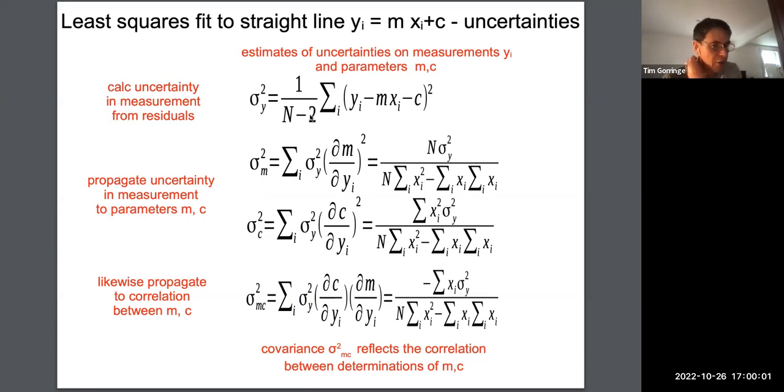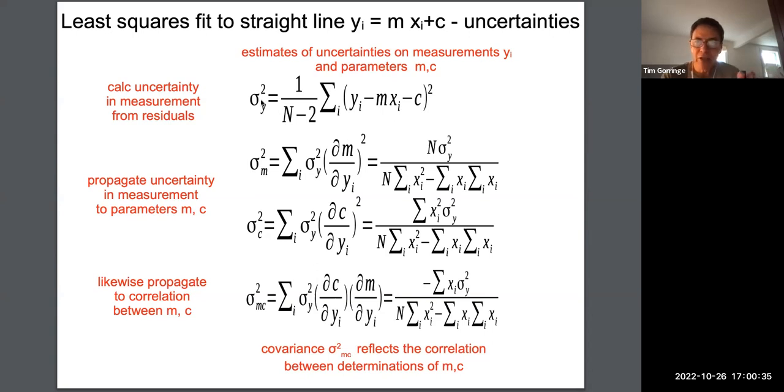The reason for the minus 2 is that you've calculated two quantities from the data. You calculated M and C from the data. So there's not really n degrees of freedom left in this data set. There's n minus 2 degrees of freedom left. That's why we divide by not n, but n minus 2 to calculate the variance of the data points.